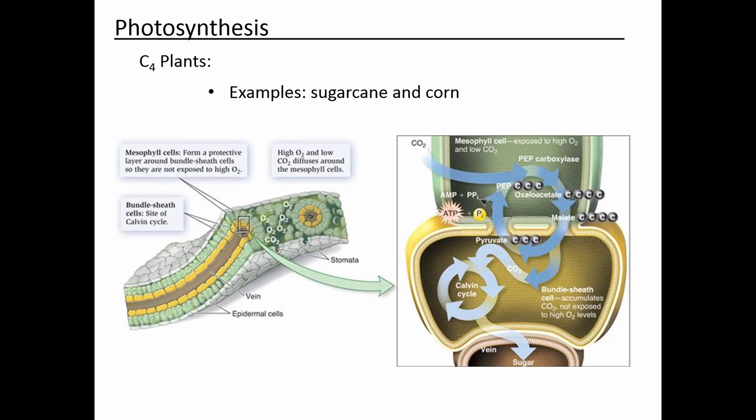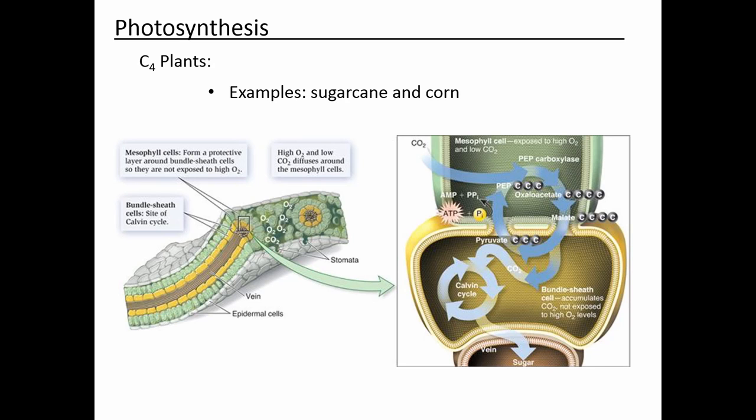So initial carbon fixation, the first time carbon dioxide is attached to an organic molecule, happens in the mesophyll cells, and it happens differently than previously discussed for C3 plants. Then the Calvin cycle occurs in the bundle sheath cells.